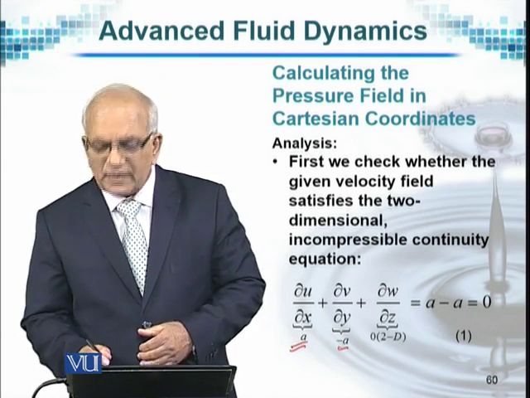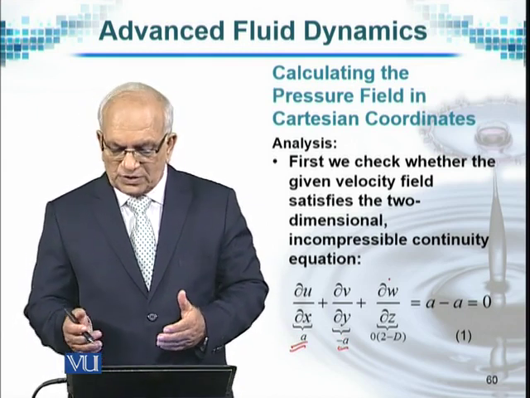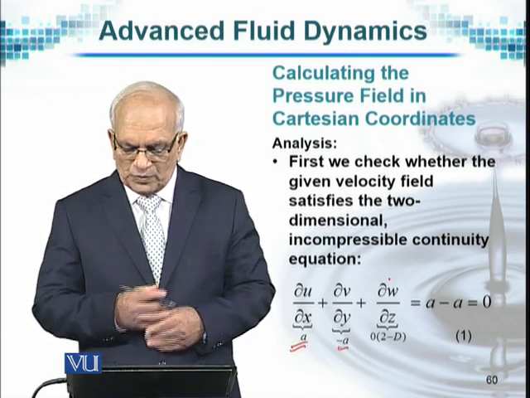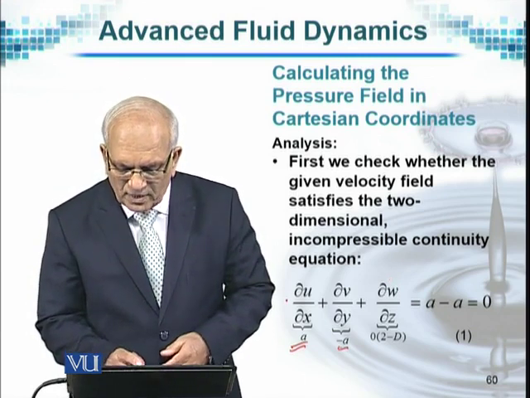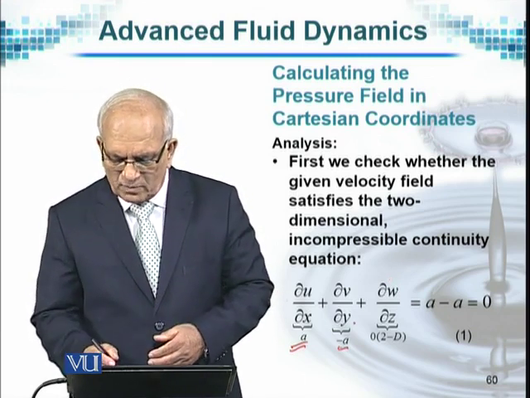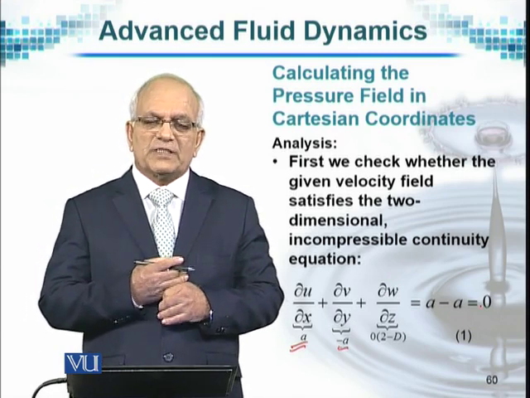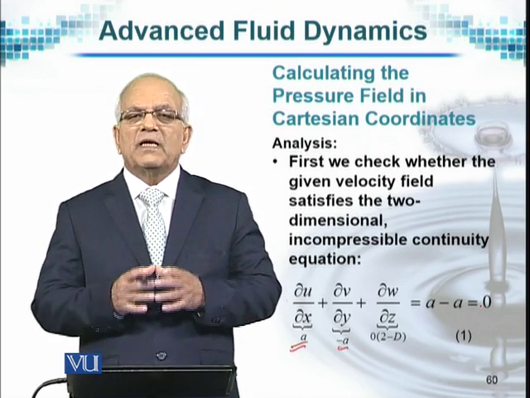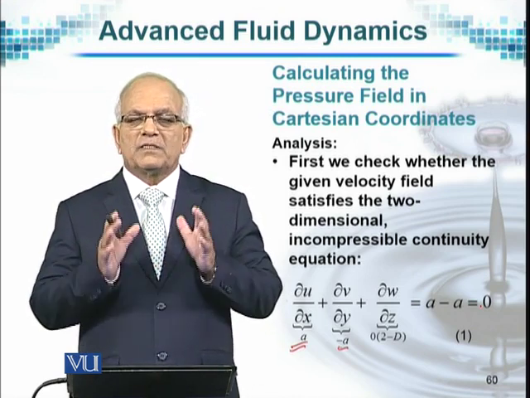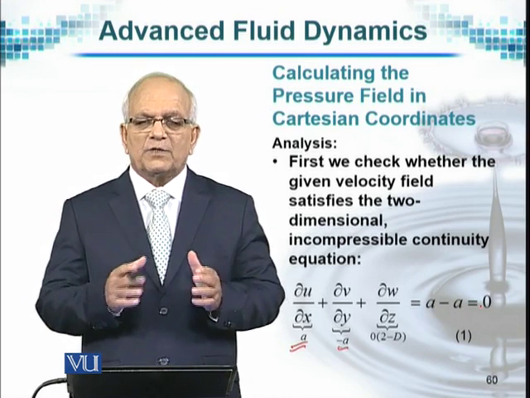And the z component is not there anyway. This is a two-dimensional motion. So we have a coming from this part and minus a from this part, the summation of which gives us 0. That means the continuity equation is identically satisfied.